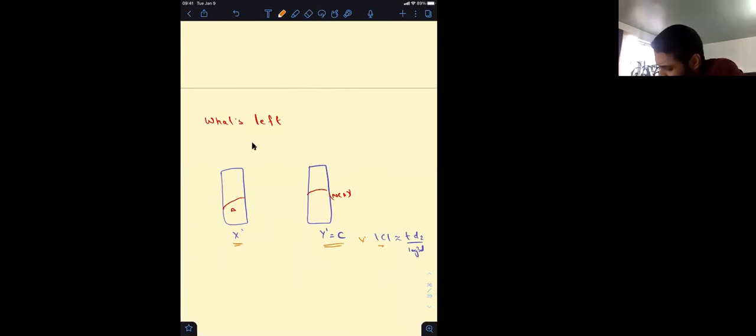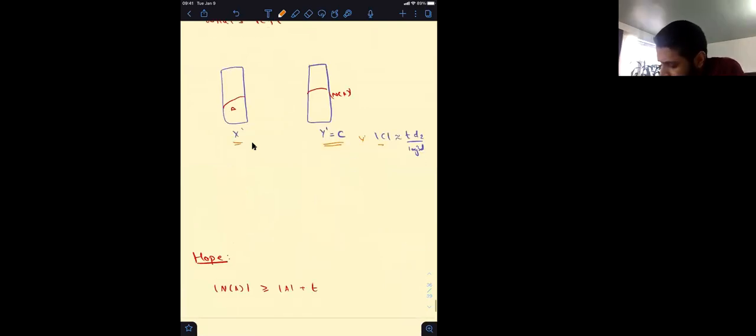So here is the hope: whatever you had as A before corresponds to some subset in this squished graph, and its neighborhood corresponds to some subset in this squished graph. Because it's a Cayley graph, the neighborhood of A is still at least A plus T. This part is preserved.